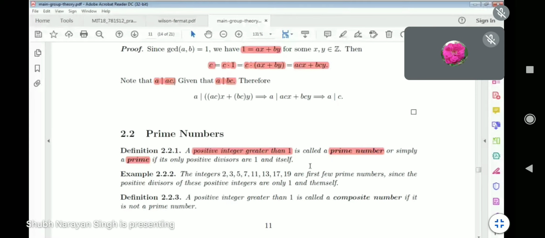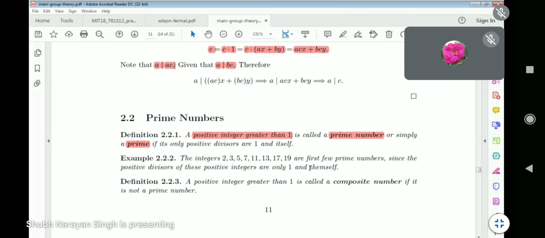Any integer greater than 1 which is not prime we call a composite number. This is all about prime numbers and composite numbers.